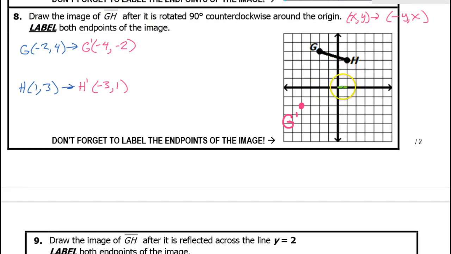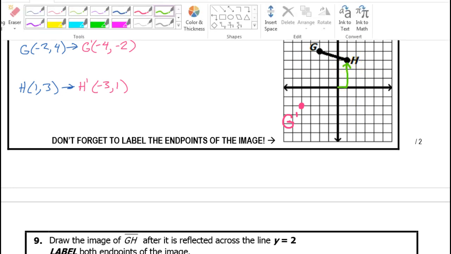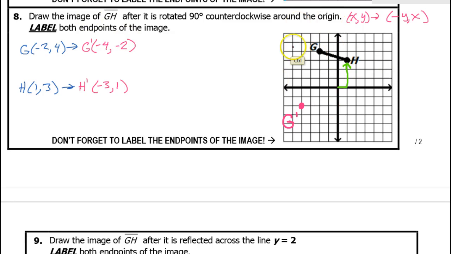So now I'm going to go to point H. So from the center of rotation, that's over 1 and up 3, there's my path. If I rotate this, again counterclockwise, this little horizontal 1-piece is going to rotate up and become a little vertical 1-piece. And then the little vertical 3-piece is going to become a horizontal 3-piece.